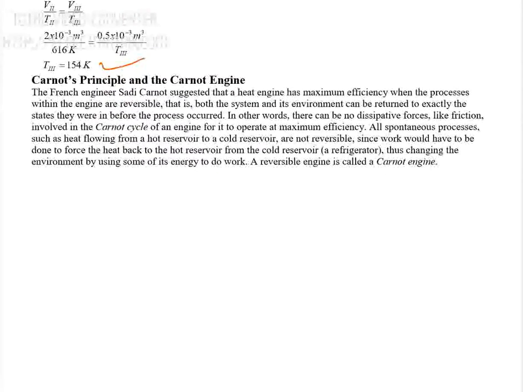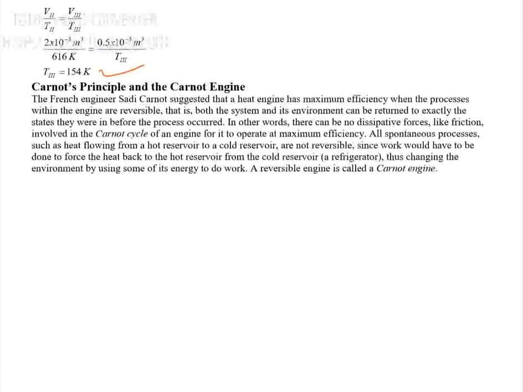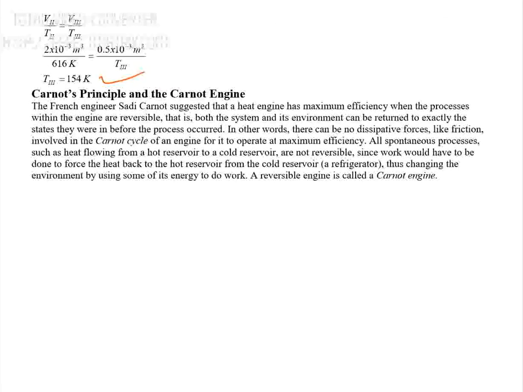And the last point is Carnot's principle and Carnot's engine. Carnot, a French engineer, suggested that a heat engine has maximum efficiency when the processes within the engine are reversible. That is, both the system and its environment can be returned to exactly the state they were in before the process occurred.